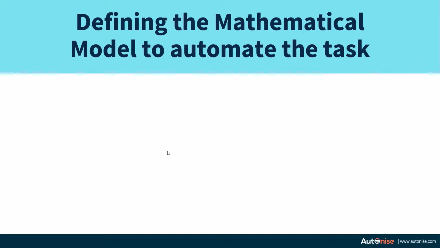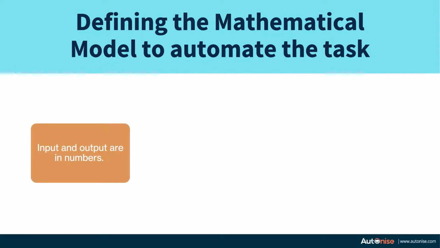So first of all, we want to define a mathematical model to automate the task of learning the weights of the neural networks. So now, if you have a look at what are the different components while creating a neural network, there is first the input. So input we have already converted into numbers.